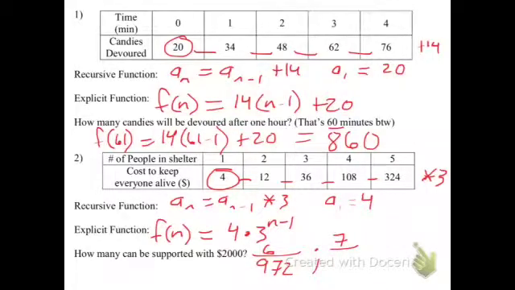To get that one, you take 972 and multiply it by 3, because we multiply by 3 every time, to get 2,916. So if you only have $2,000, you're not going to get up to 7 because it requires more. And so it's going to be just 6 people.